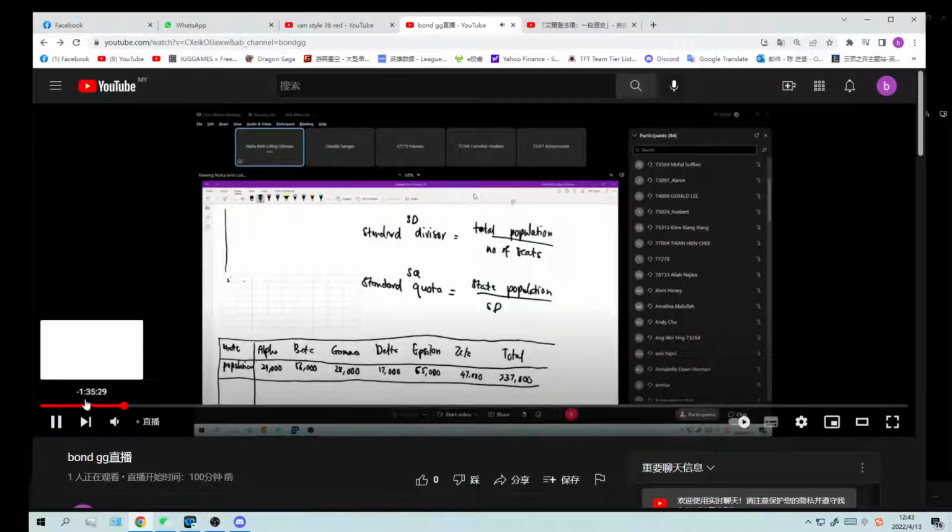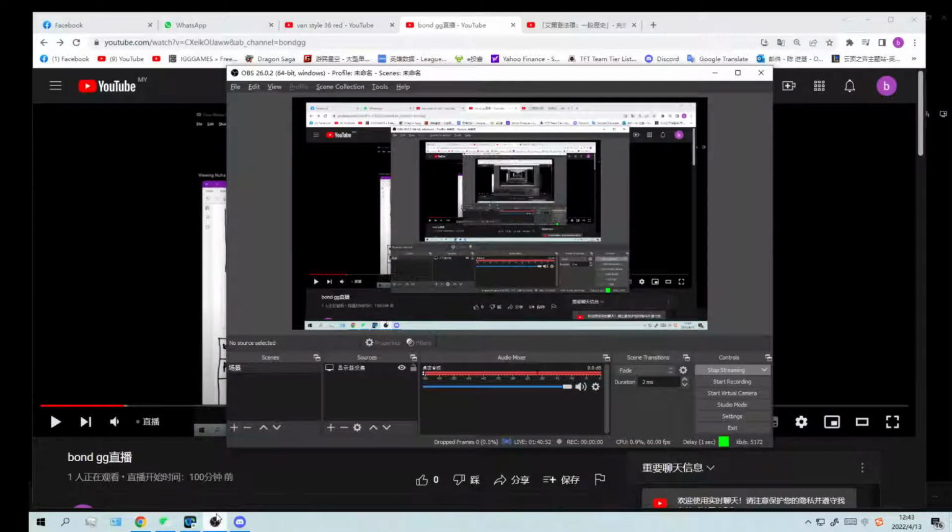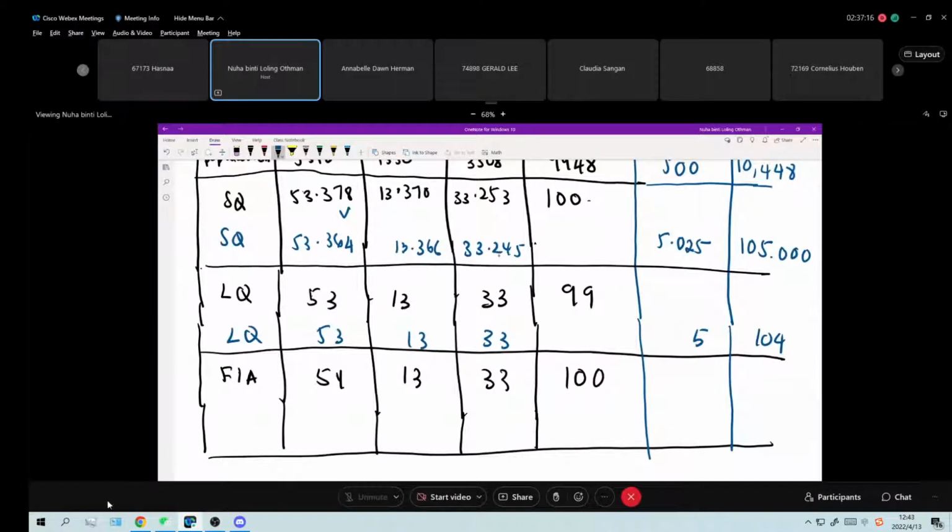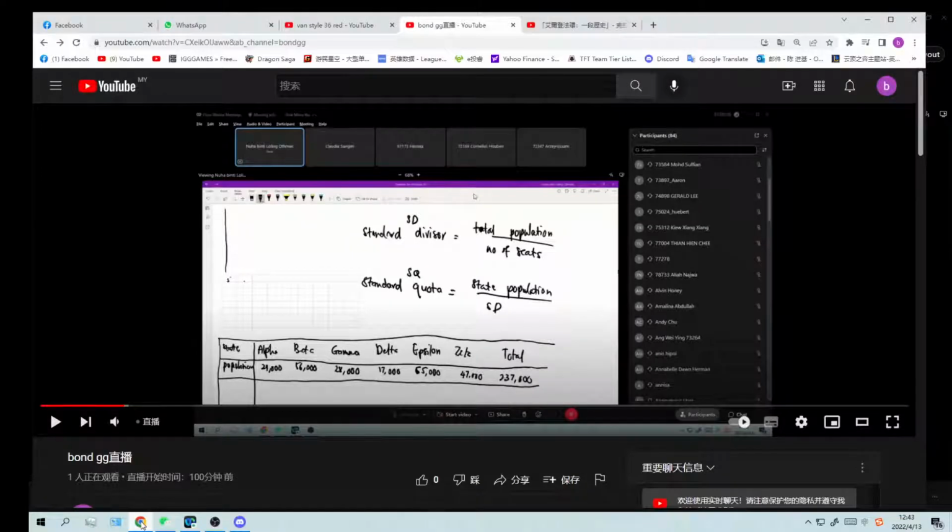Then the lower quota becomes 53, 13, 33, and 5, which gives you 104. So you know there's an extra seat, because there are 105.